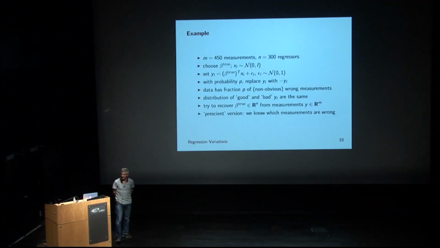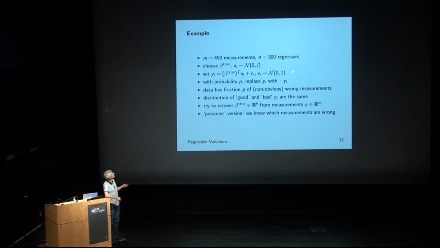So the issue is this. What you don't want are measurements that are plausible and completely wrong. That's actually the issue, if you think about it carefully, right? So in this example, we are creating measurements that are completely wrong and utterly plausible. Here's why.